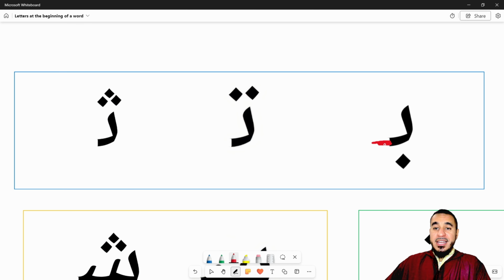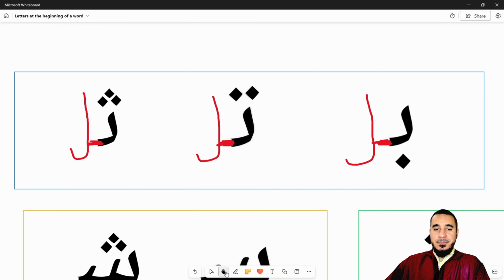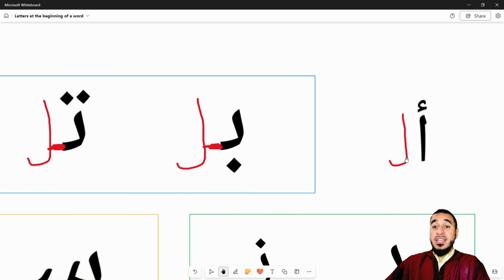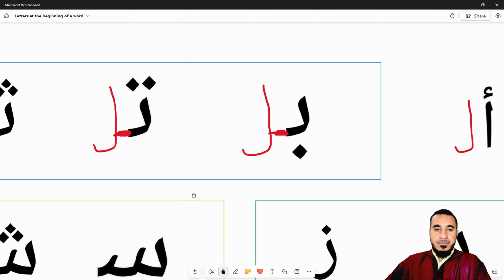The ba will attach from here, the ta will attach physically here, and the tha will attach physically here. So for example, the lam would come like this, like this, and the lam here would be the same. It will physically attach to these three letters, which is different, of course, from the alif, which we said cannot physically attach to the next letter in a word.